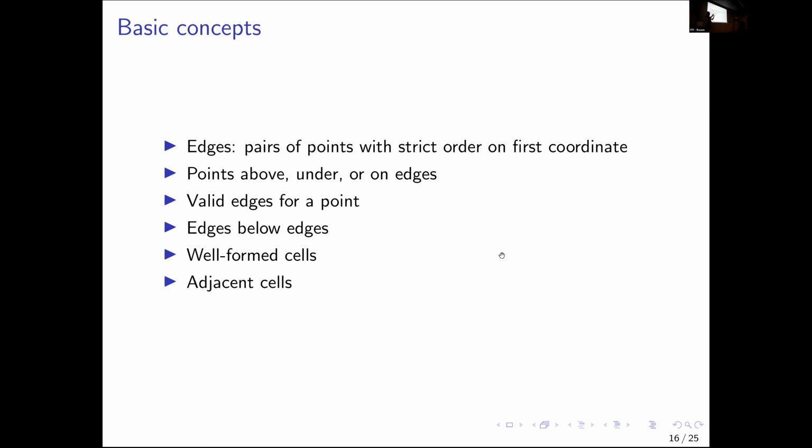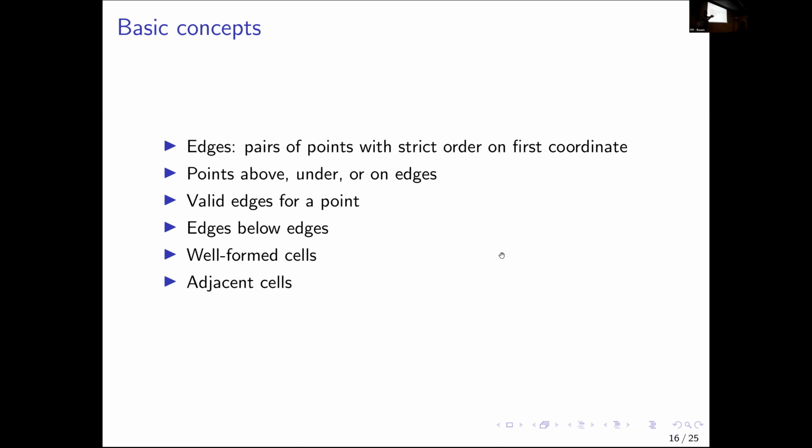For my obstacles, to say that they cannot be vertical, I have the proof that the first coordinate of the left point is less than the first coordinate of the second point. Then I have notions to describe what it is for a point to be above, under, or on an edge. And I also have a notion of edges that are vertically above one of the points. So that's what I call valid edges.